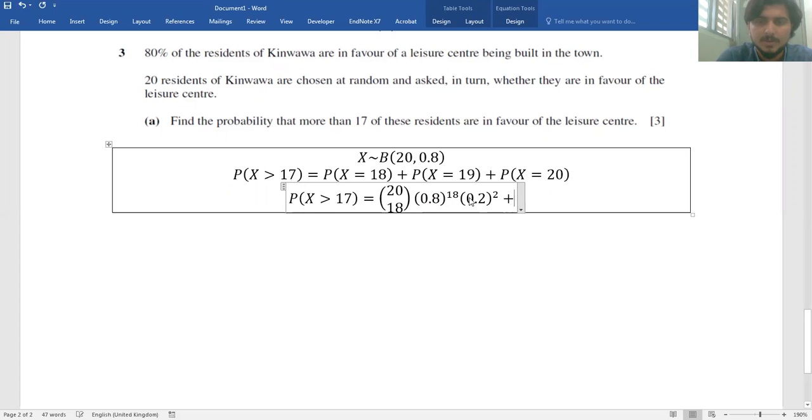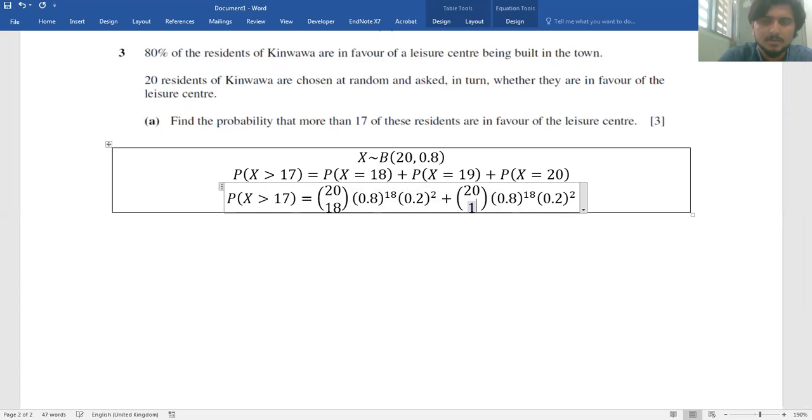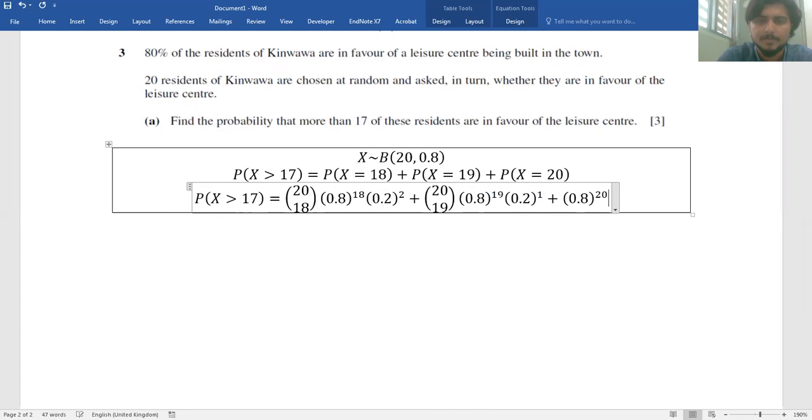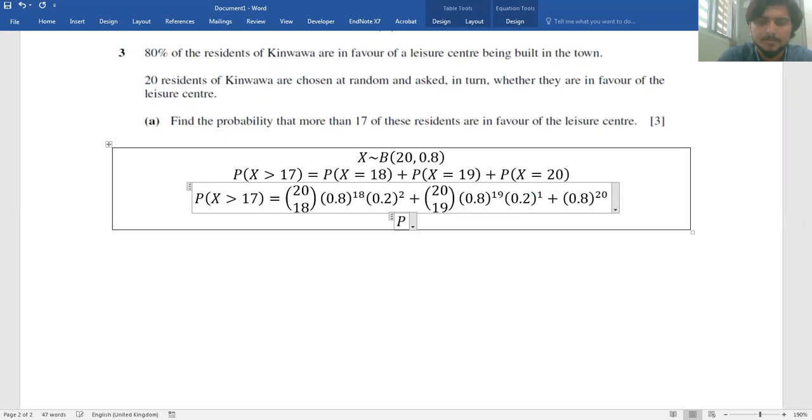Again, we do the same thing for 19: the success has the power 19 and the failure has the power 1. And then the success has the power 20. So the probability x is greater than 17 will yield 0.206.